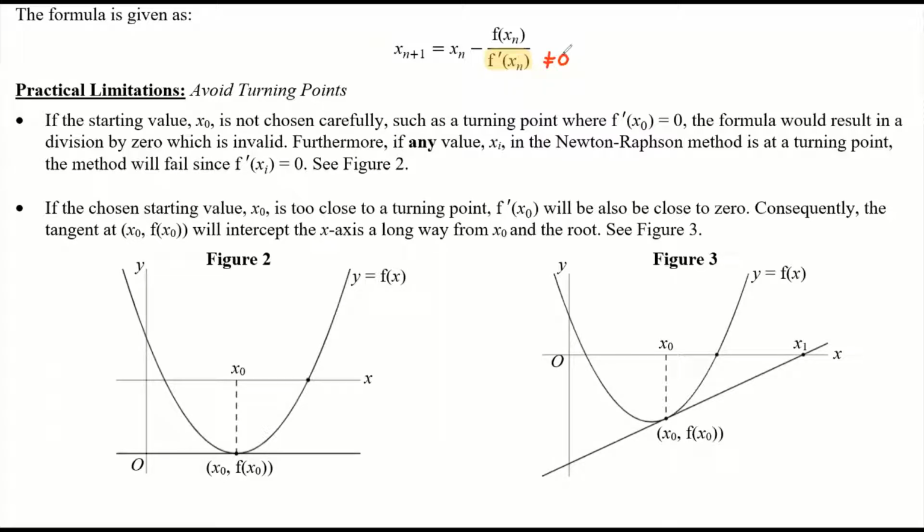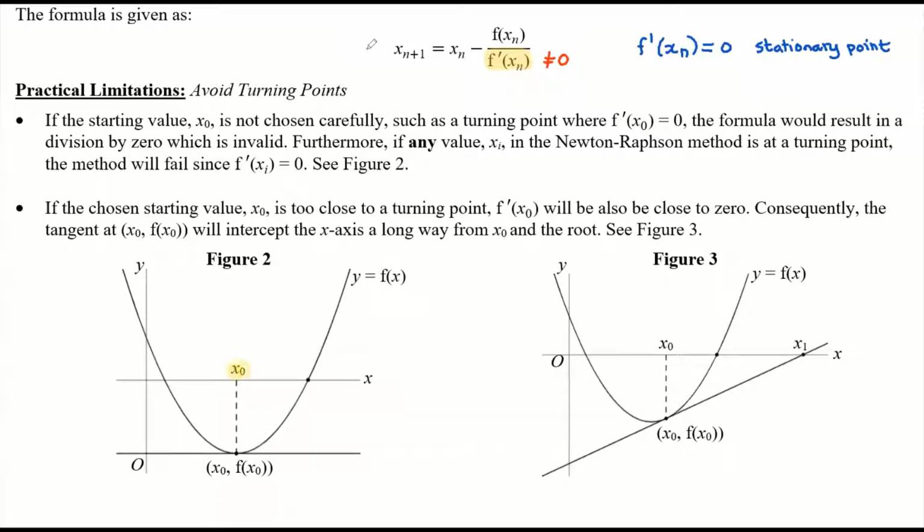So if you have a situation where f dash of one of your iterative x values is equal to 0, this is a stationary point. And if it's a stationary point, then it's likely that it's going to be a turning point. And turning points are bad. You'll see from figure 2 the key problem of getting an x input at a turning point. This is just for the first iteration.